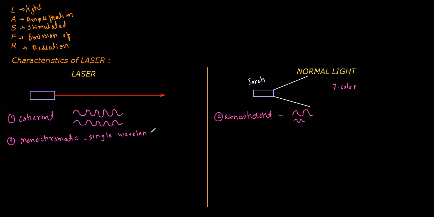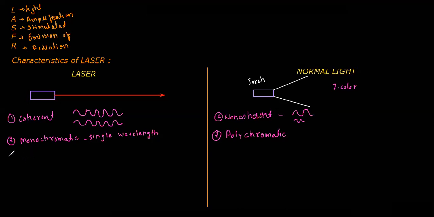If we are talking about the red laser, it emits only red color, or if we have a green laser, it will emit only green light. But not in the case of normal light. This is polychromatic light, which means it consists of seven colors, or there will be more than one color.